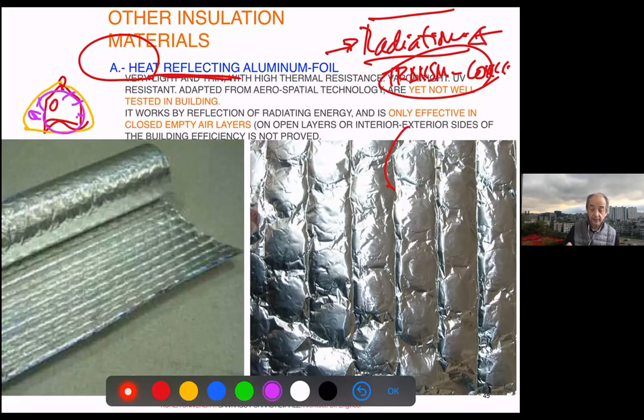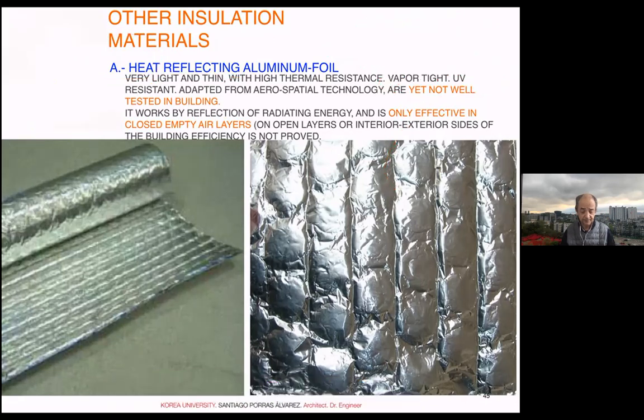So you create a cavity yourself. In buildings, you need a closed cavity where you put this insulation, and then it will work. If it is an open cavity, it probably will not work. And that's very difficult. You have to test how the building is working.